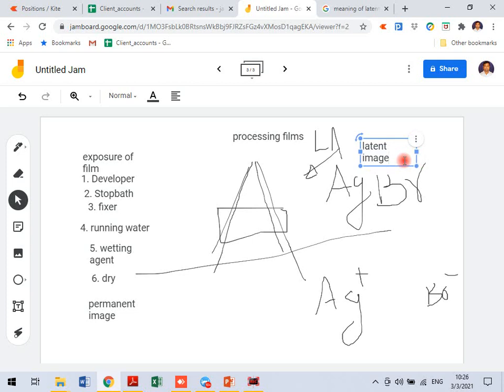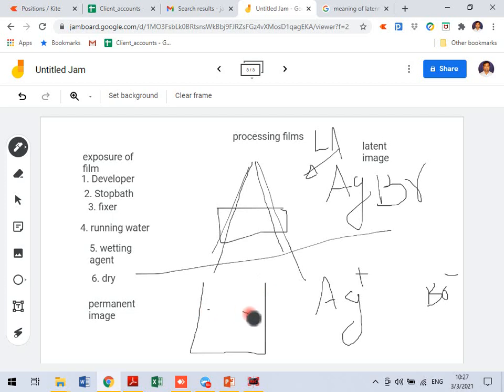Okay? Now latent image, you take the film and put it in the developer. What happens in the developer? Now I will draw a developer. This is the developer. I will put the film here. What happens? You know electron, no? This developer will give an electron, and electron is negative charge. Right? All negative.